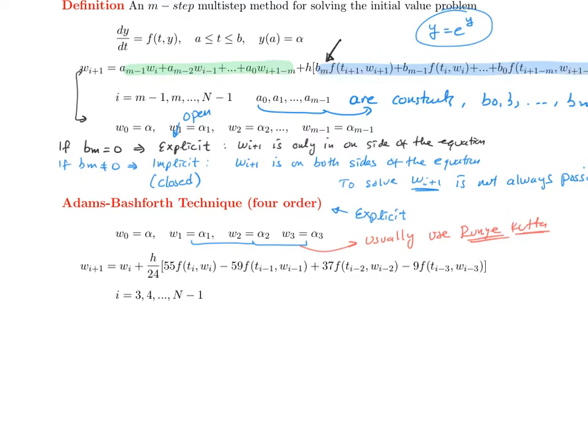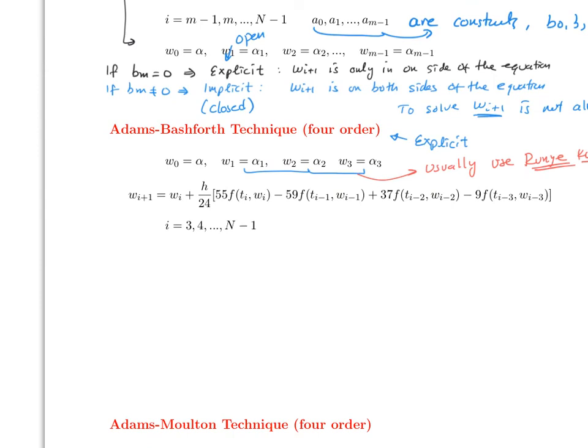For example, if you remember the equation we've been solving all along, y prime equals y minus t squared plus 1, t is between 0 and 2, and y0 is equal to 0.5. You remember we used the Runge-Kutta method to solve this equation.